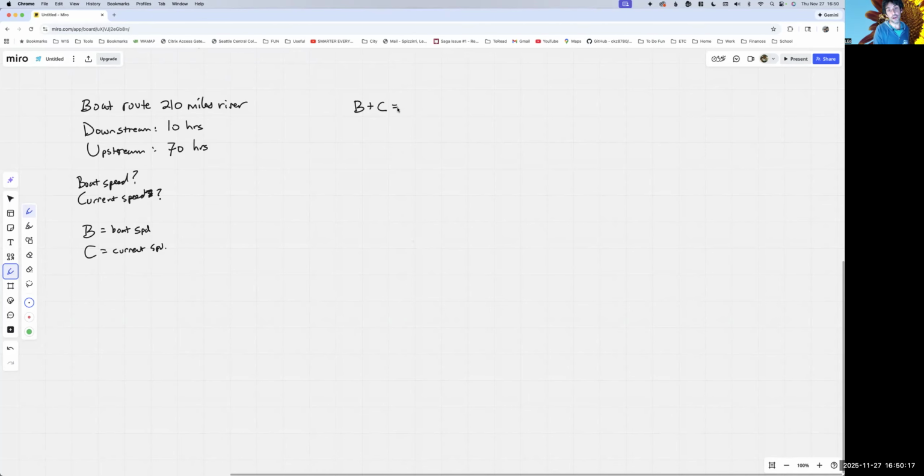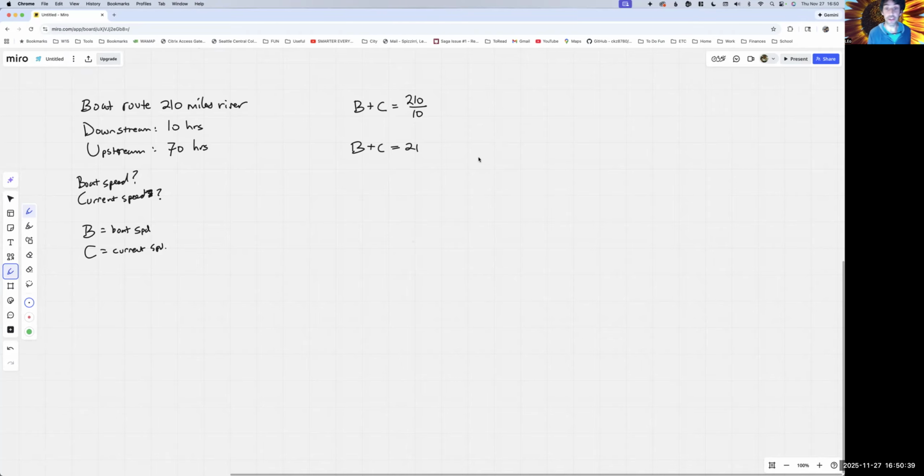Well, we also know that trip of 210 miles took 10 hours. So if we take 210 miles divided by 10 hours, we're getting 21 miles per hour. So I know that B plus C is equal to 21. I'm going to assume that this is all in miles per hour.